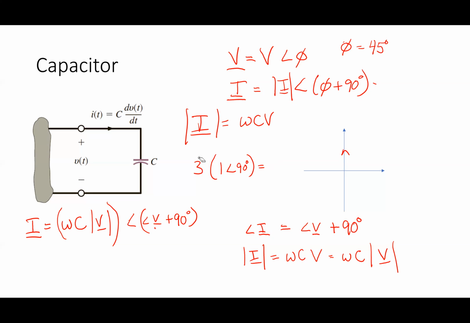Let's say I had a different number: 3 angle 45 degrees times 1 angle 90.